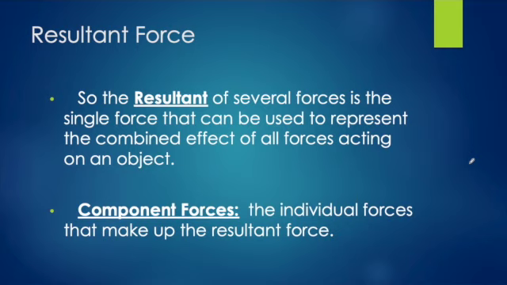Okay, so the resultant of several forces is a single force that can be used to represent the combined effect of all forces acting on an object. Okay, component forces are the individual forces that make up that resultant force. So remember, our component forces were the horizontal and vertical components. So this shouldn't really be super new, it's just kind of putting it in words on paper for you, okay?